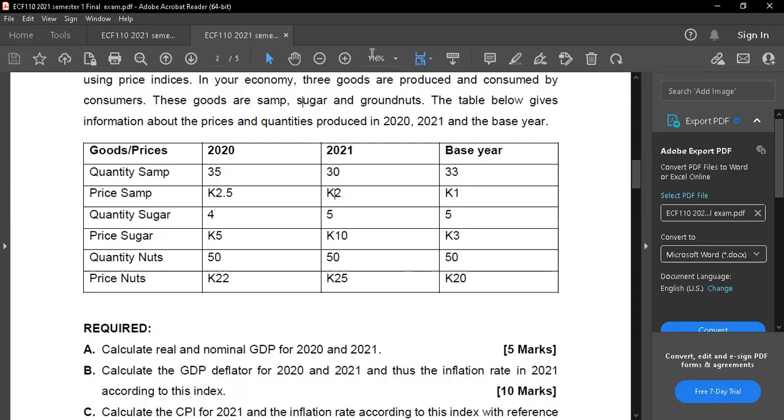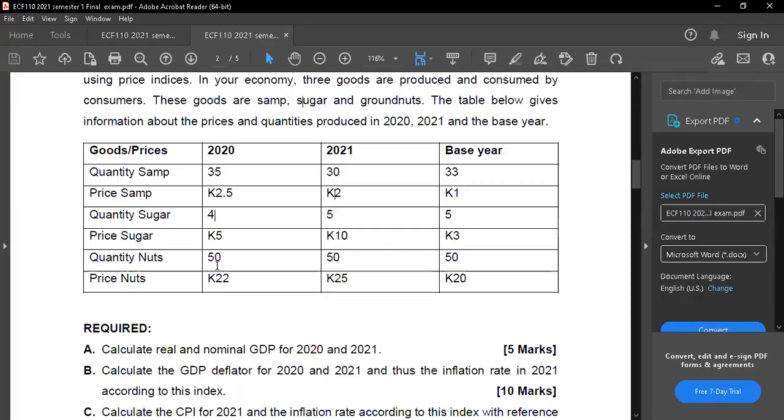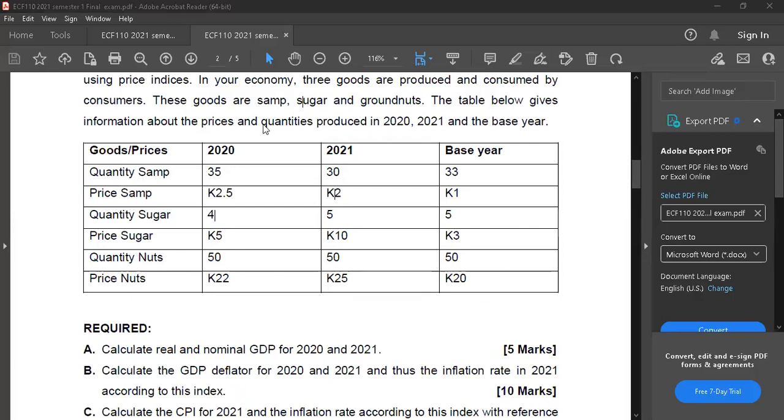So you say 4 times 3, which is 12. Then plus the last one: in 2020 nuts were 50, so just say 50 times 20. And you punch that on the calculator, you get the answer. That is how you find real GDP.